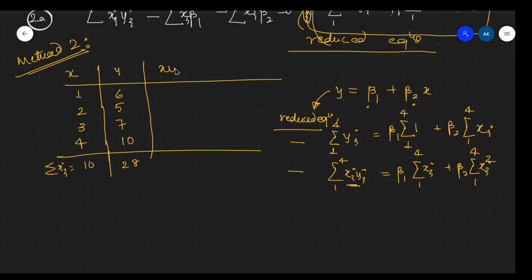So xi yi will be 1 into 6, 6, 2 into 5, 10, 3 into 7, 21, 4 into 10, 40, and one more thing is there which is xi square. So 1 squared is 1, 2 squared is 4, 3 squared is 9, 4 squared is 16.